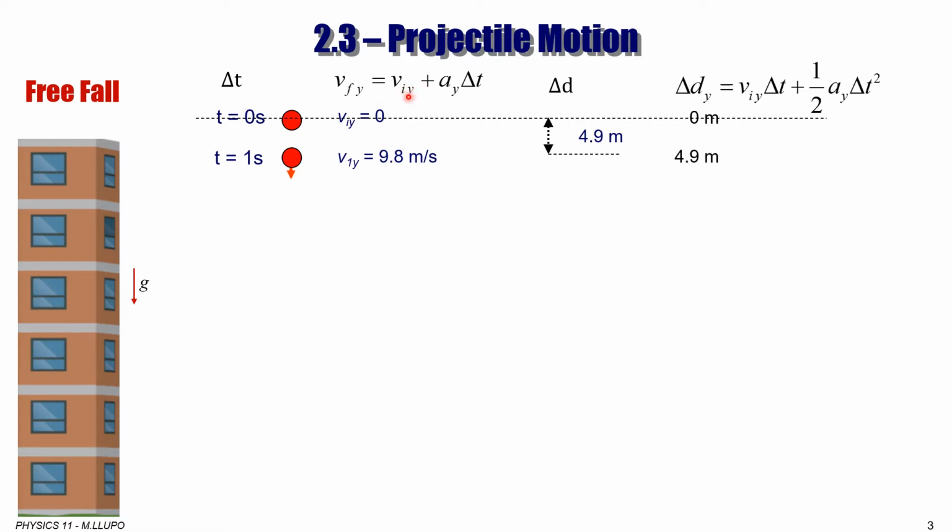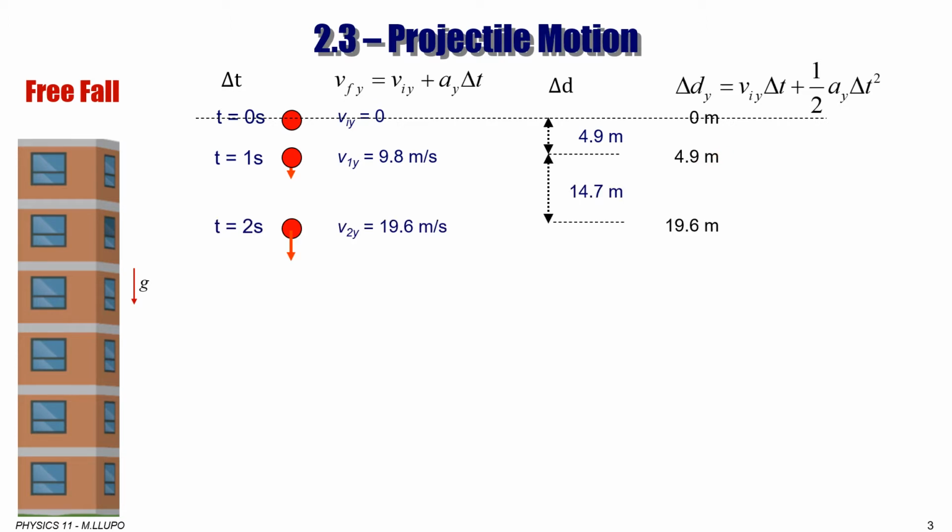For velocity it is going to be 0 plus 9.8 meters per second down times 1, which is 9.8 meters per second down. For displacement, it's going to be 0 times 1, which is 0, plus half of the 9.8 meters per second squared down times 1, divided by 2, which is 4.9 meters.